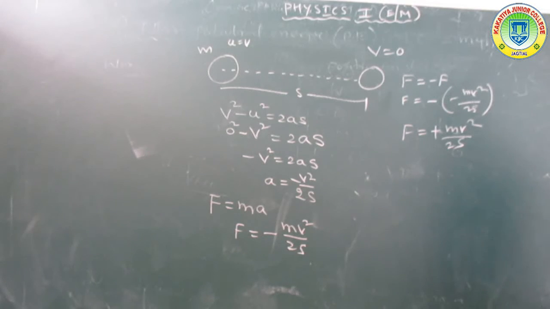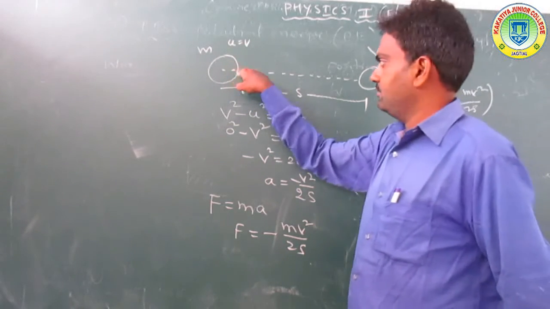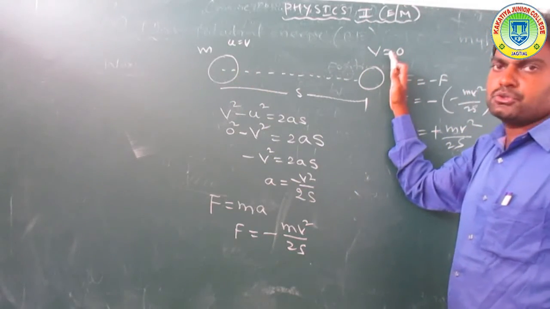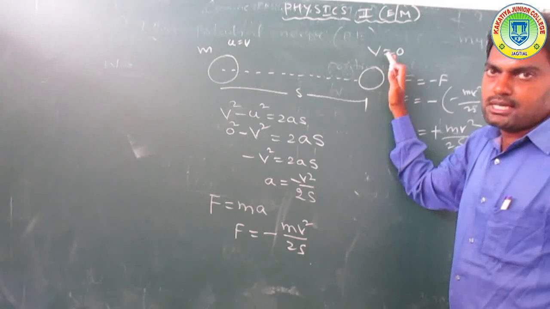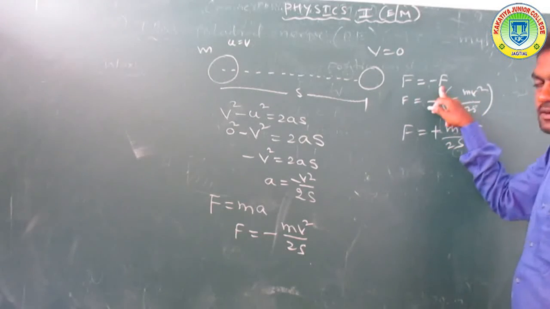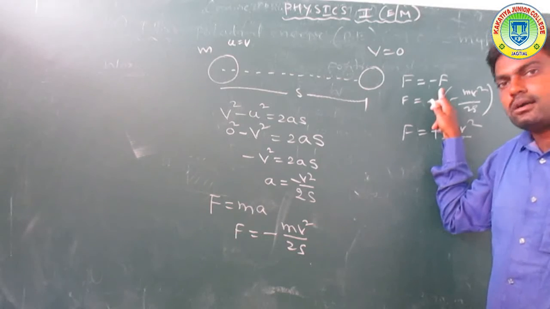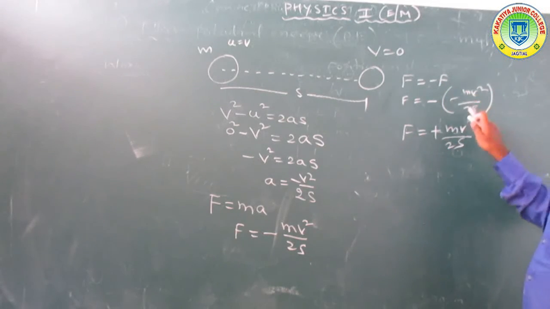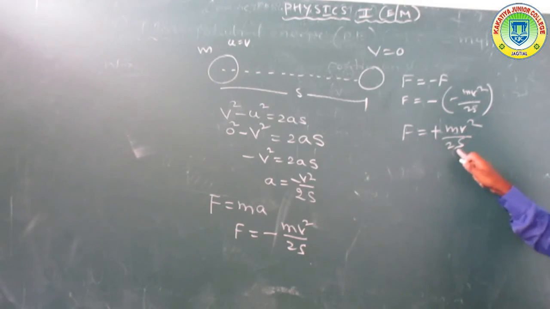The force applied opposite to bring the body to rest is called the reaction. So F is equal to minus F according to Newton's third law.